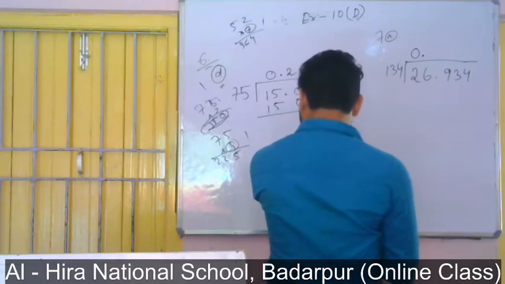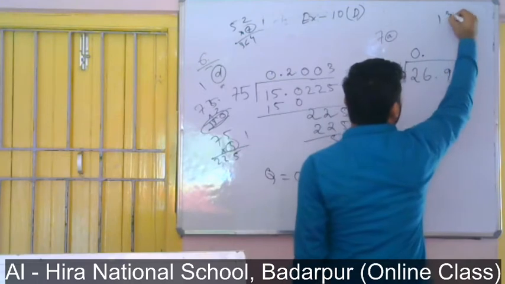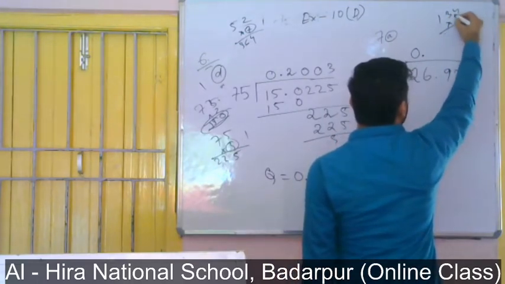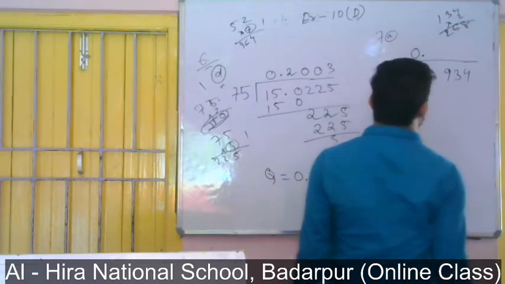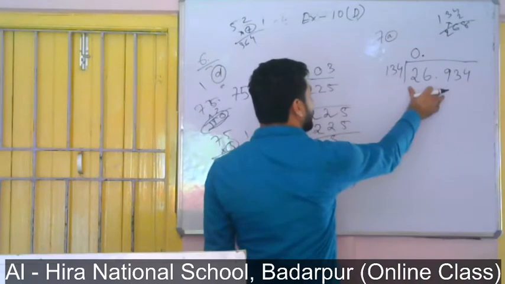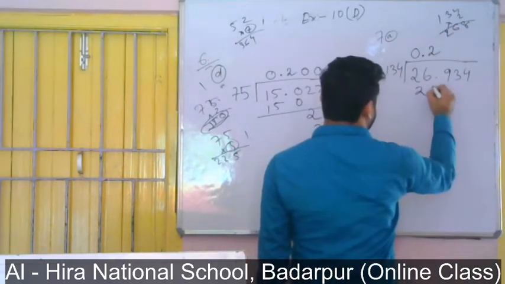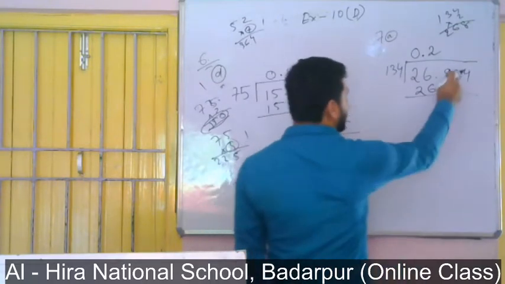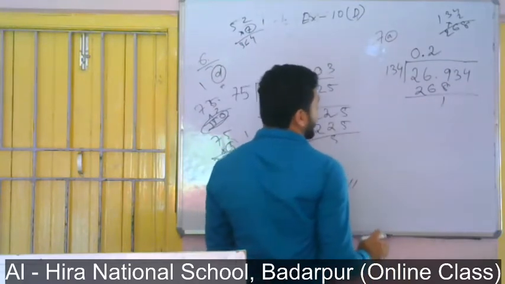Let us check for 269. 134 2s are how much? 4 2s are 8, 3 2s are 6, and 1 2 is 2. 268 and here 269. So I think this is the last. Now 9 minus 8 is 1.